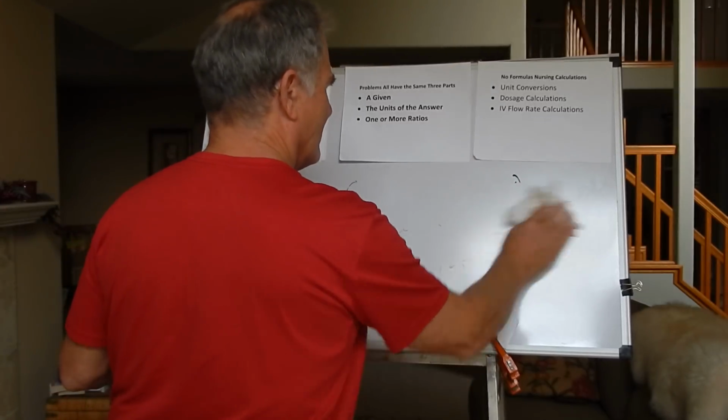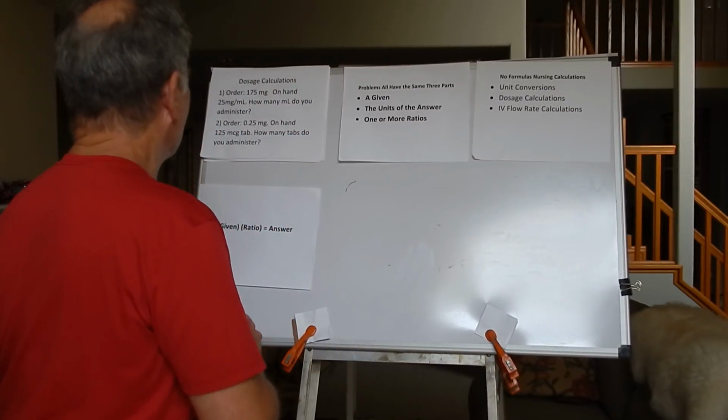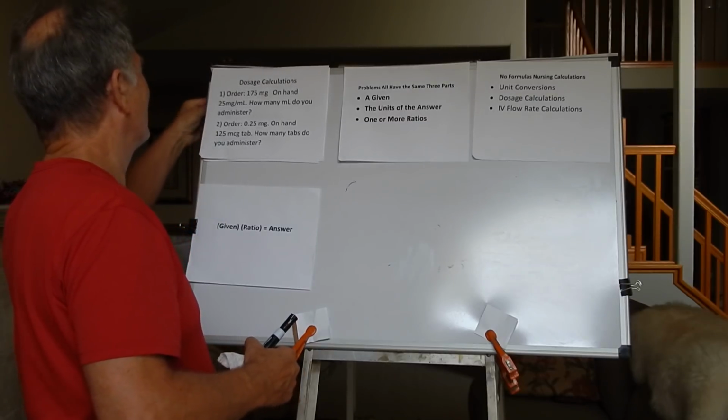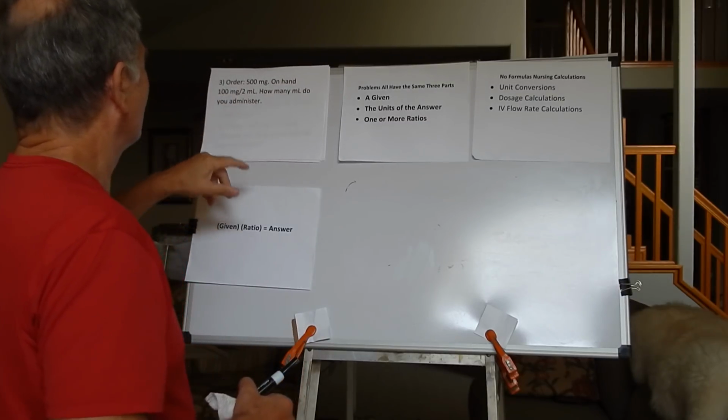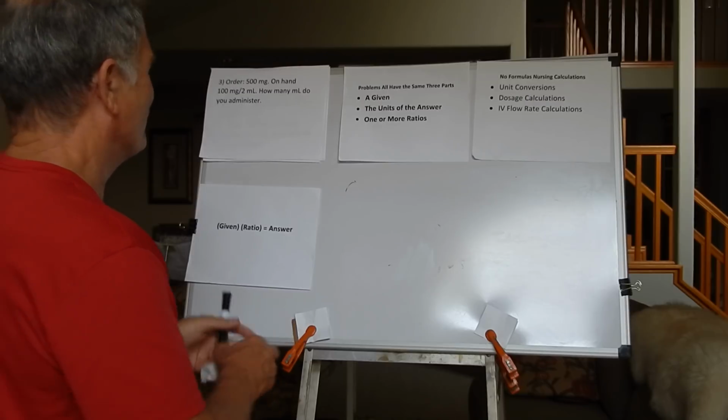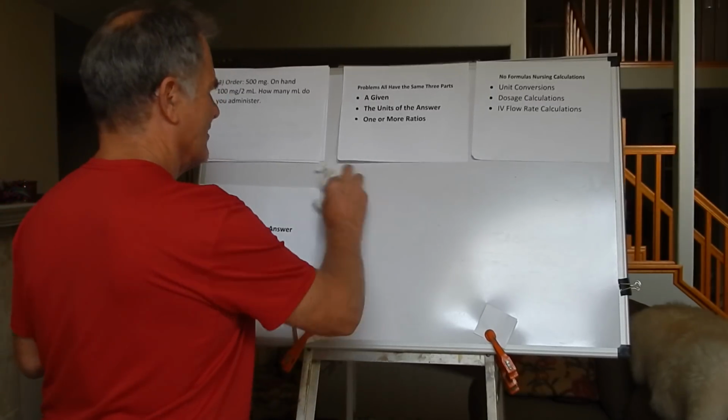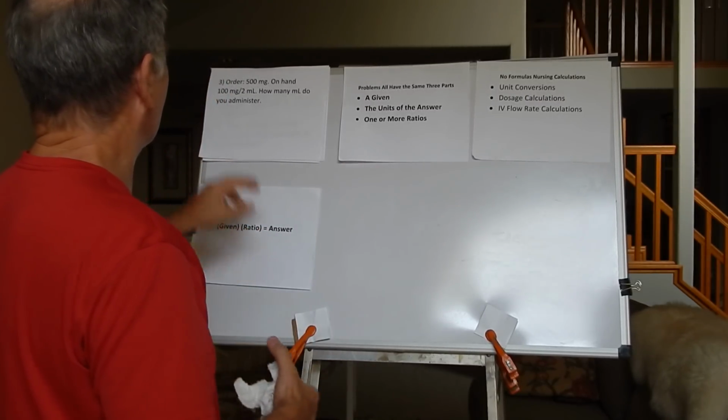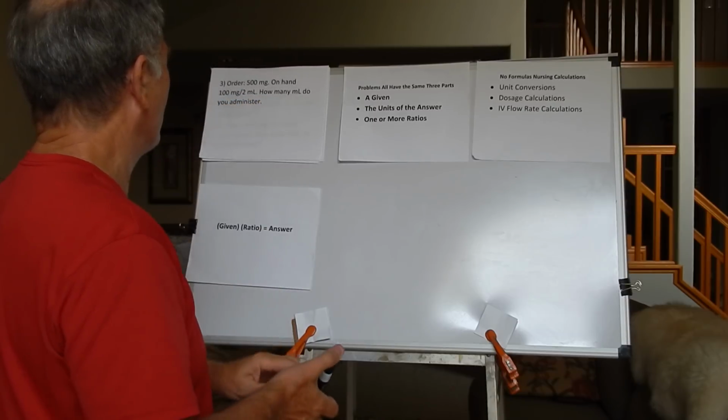Okay. Let's see what's next here. So you have order is 500 milligram, and you have 100 milligram per 2 ml. How many ml?